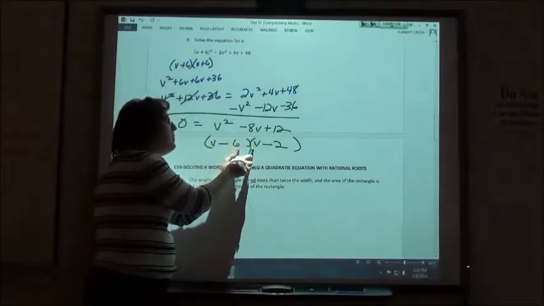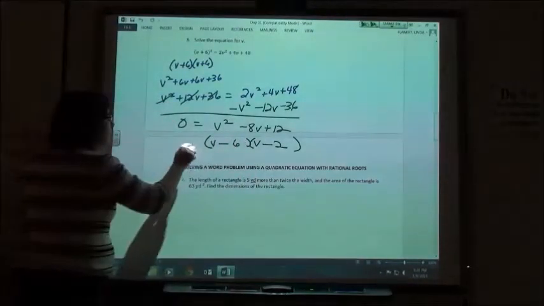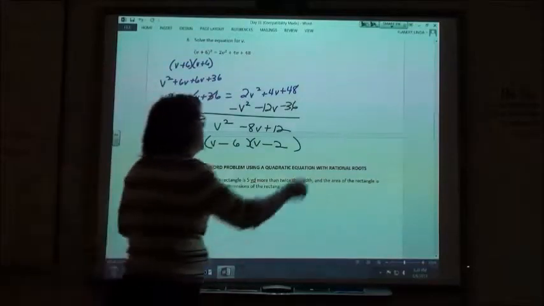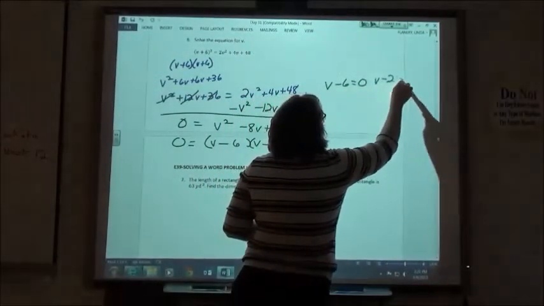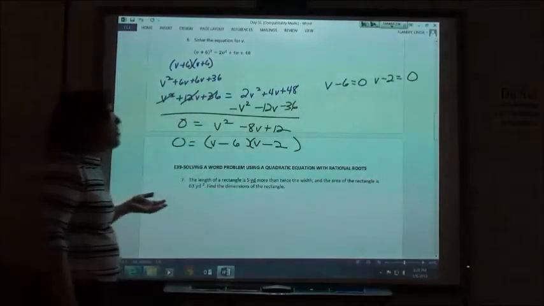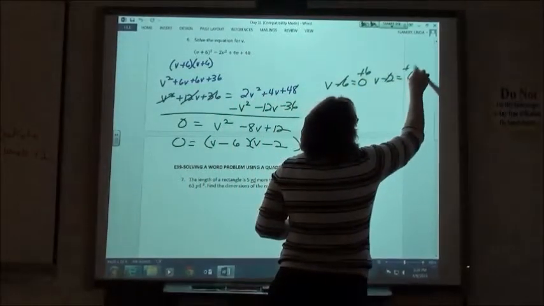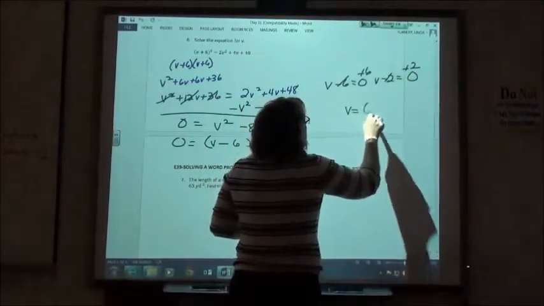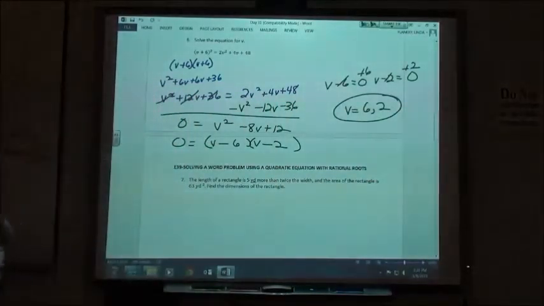Negative 2v plus the negative 6v is the negative 8v in the middle. So, v minus 6 equals 0, or v minus 2 equals 0. And again, we're just going to move the number over and get the opposite sign. So this is a plus 6, this is a plus 2. So 6 and 2 would be your two values.